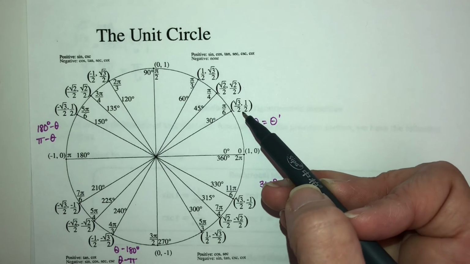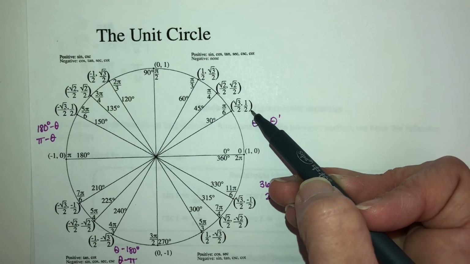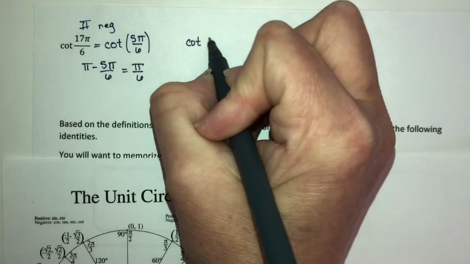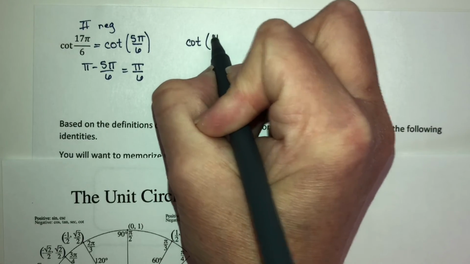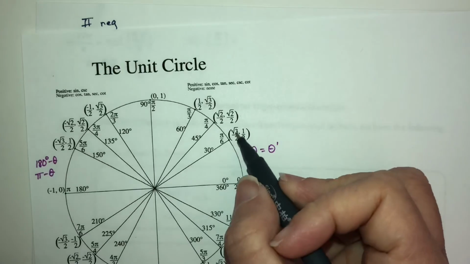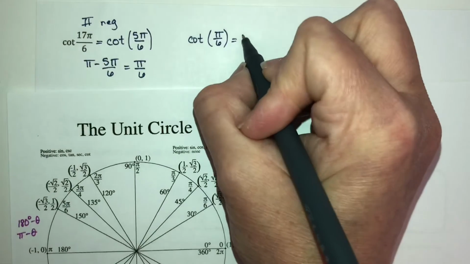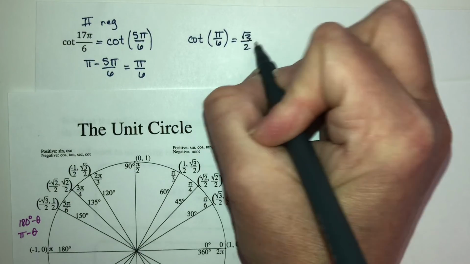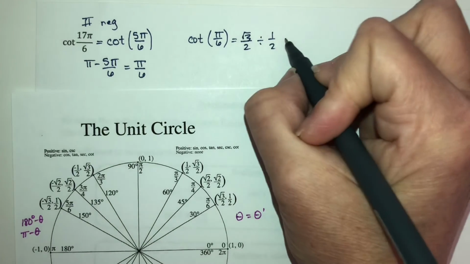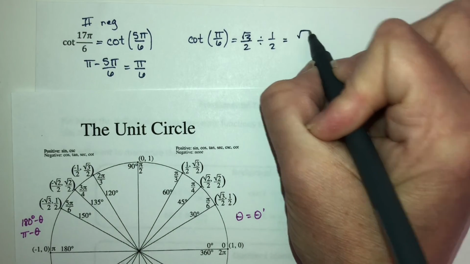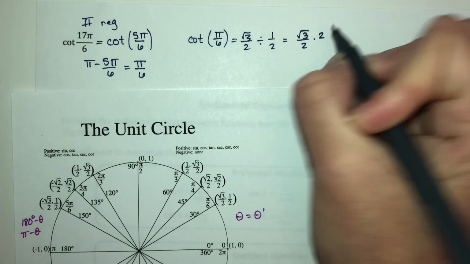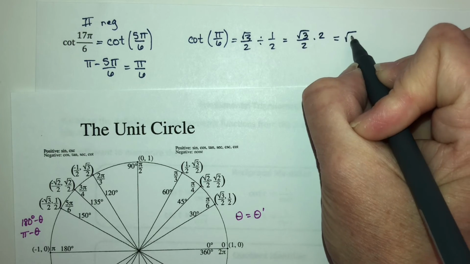You simply need to do x over y. So cotangent of π/6 is our x value divided by our y value. So square root 3 over 2 divided by 1/2, which is the same thing as the square root of 3 over 2 times 2. So that's just the square root of 3.